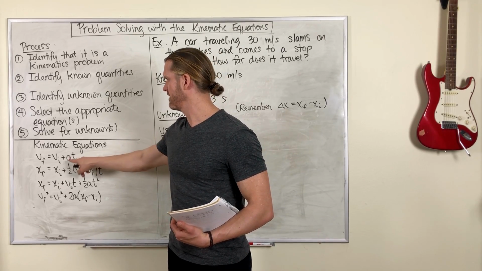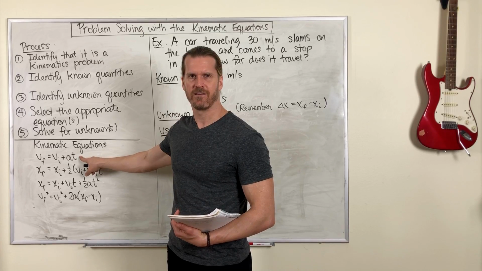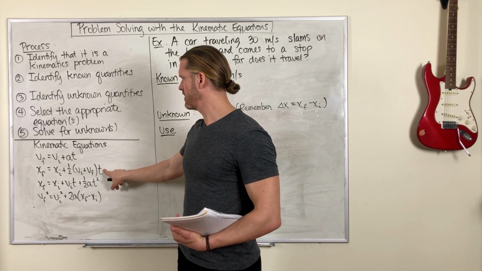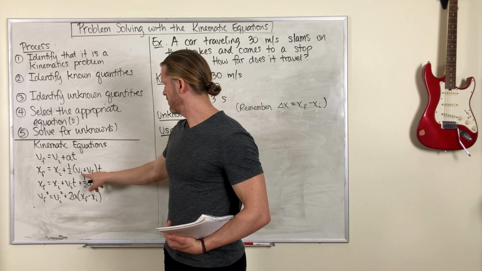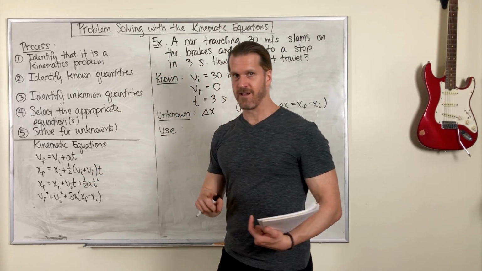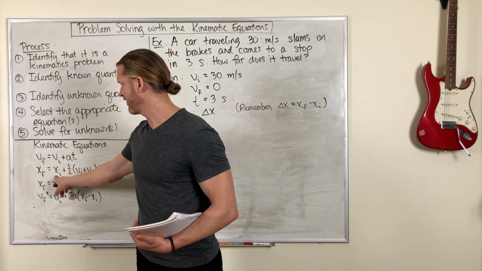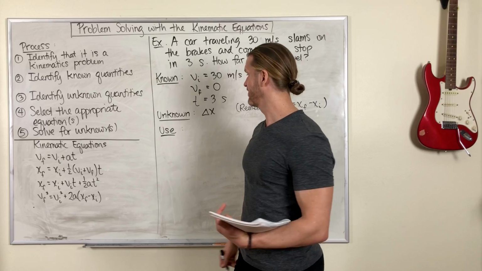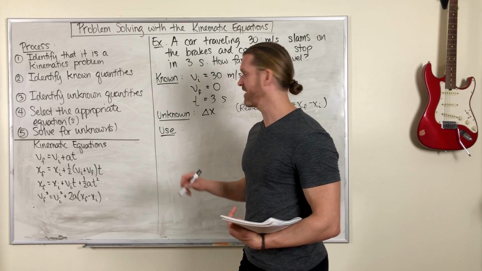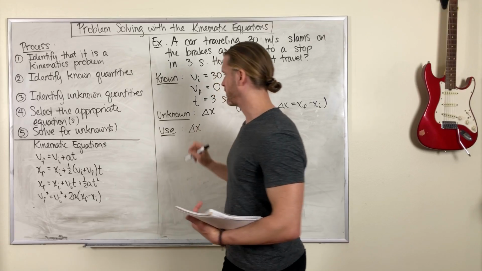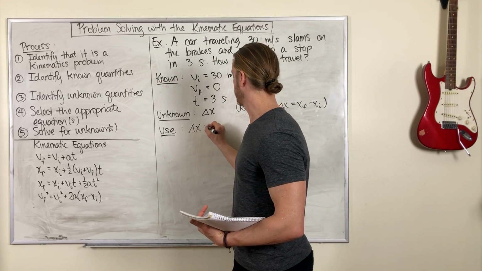We don't know a, and this doesn't even contain x at all. Second kinematic equation. Well, it has v initial, v final, t, and if you subtract x initial from both sides, you get delta x on the left. So in fact, that second kinematic equation is going to work, because rewritten, it looks like this.